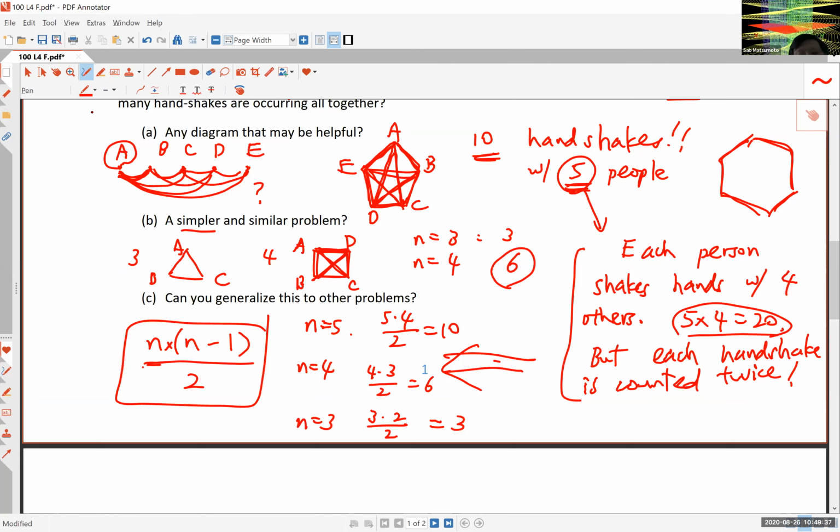But the power of mathematics is now you can apply this formula for any n. So let's say 10 teams showed up, or 10 people showed up, and every person has to shake hands or play games with every other person or team. If 10 people show up, then it will be 10 times 9 divided by 2. That will be 45 handshakes.